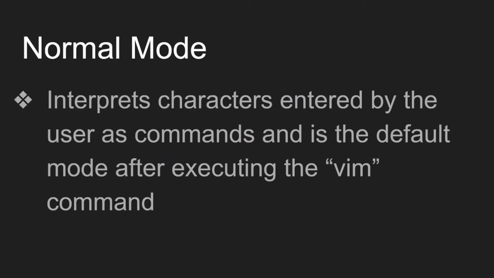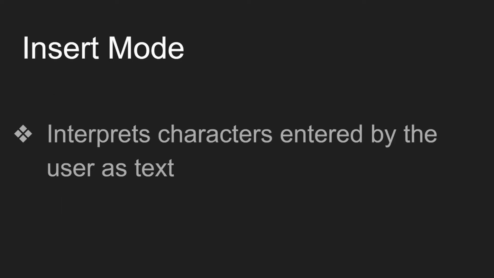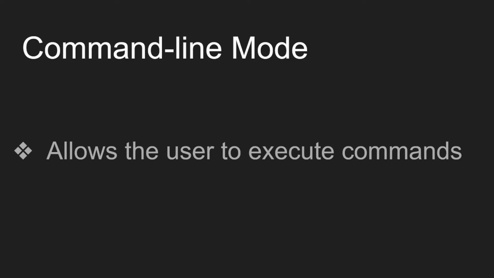An important concept to understand about Vim is that it is a modal editor, so Vim will behave differently depending on the current mode. Normal mode interprets characters entered by the user as commands and is the default mode after executing the Vim command. Insert mode interprets characters entered by the user as text. Command line mode allows the user to execute commands.